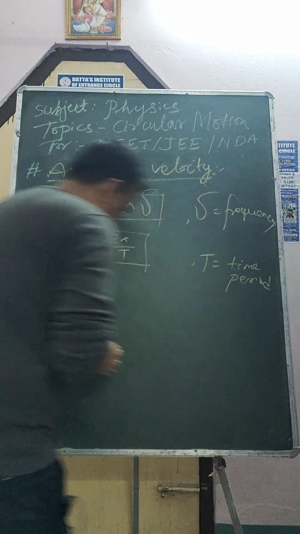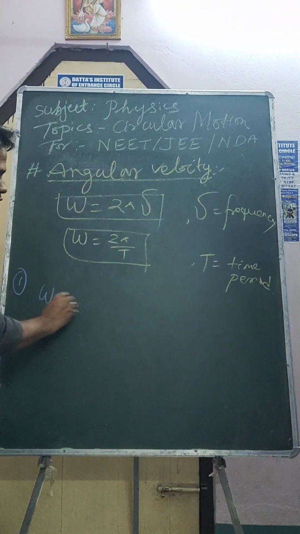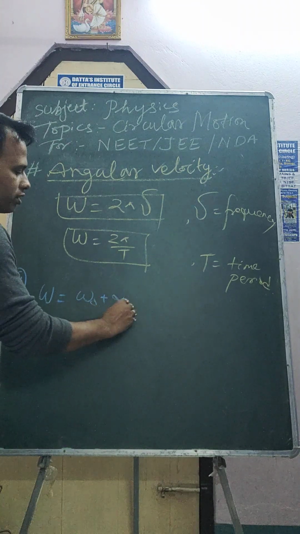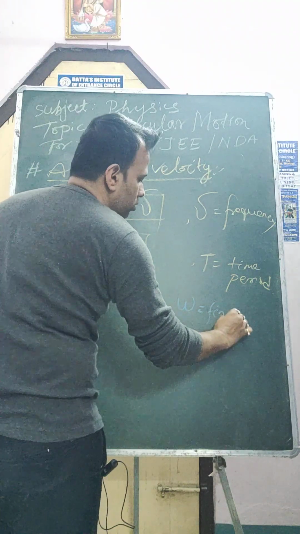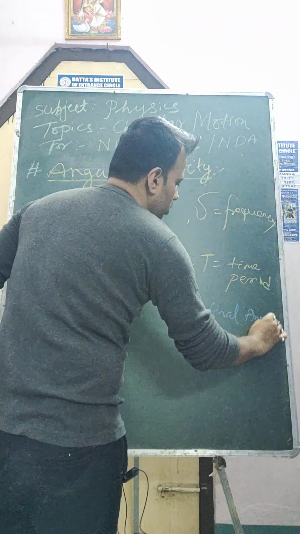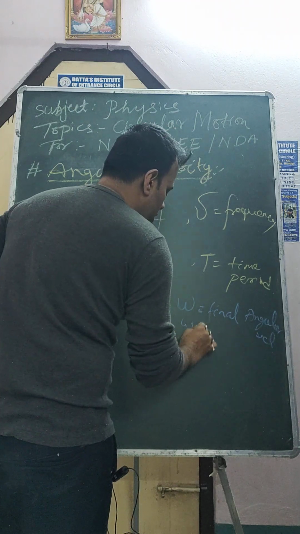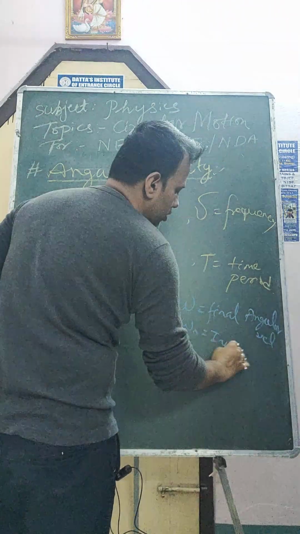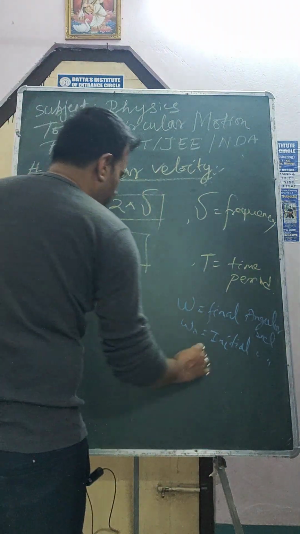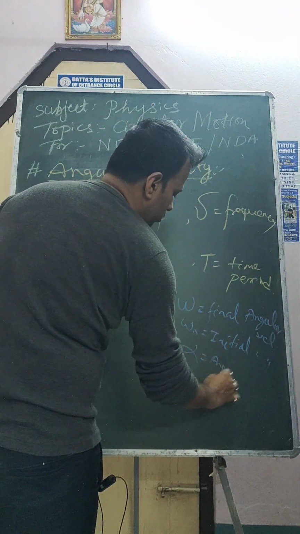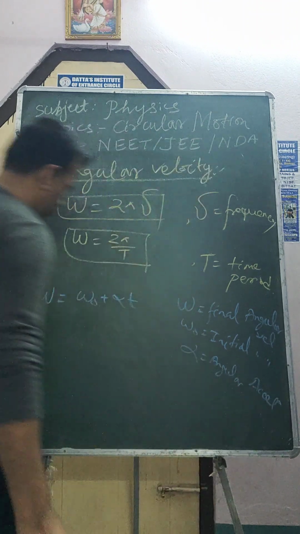Number one, omega equal to omega 0 plus alpha t. Here omega is final angular velocity, omega 0 is initial angular velocity, alpha is angular acceleration, and t is time taken.